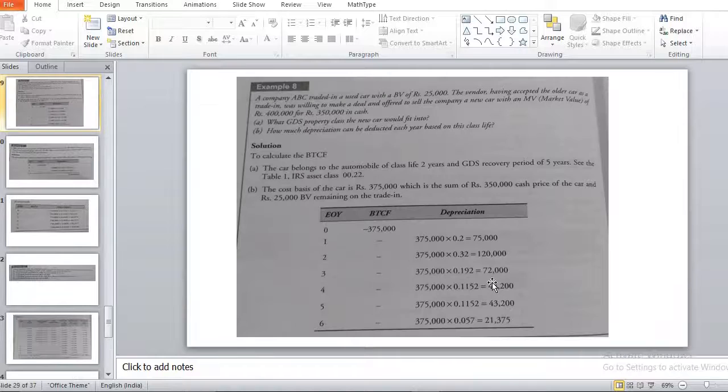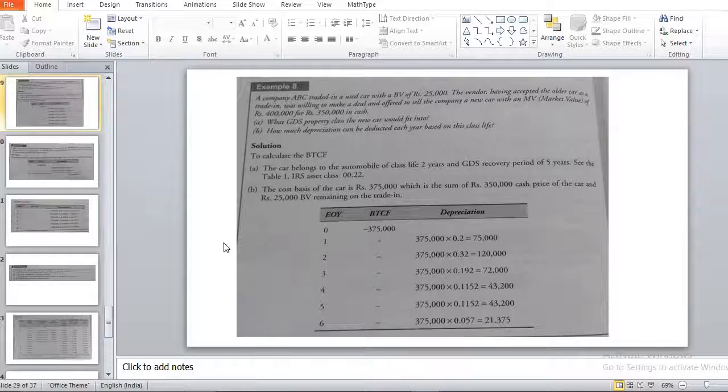So this example is like this: which class does it fit, and how much depreciation value is deducted each year. First year it is 75,000, second year 1,20,000, third year 72,000, like that.